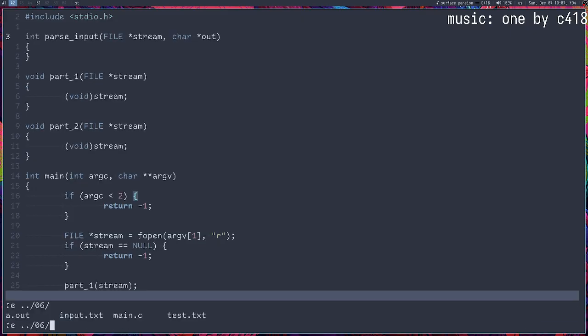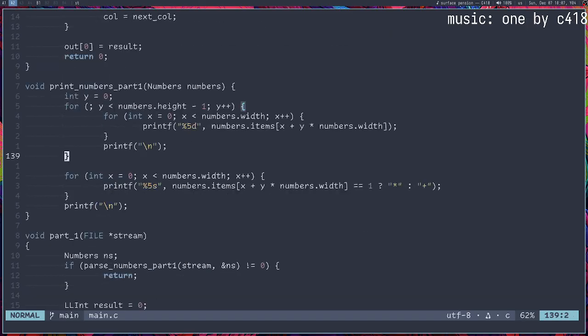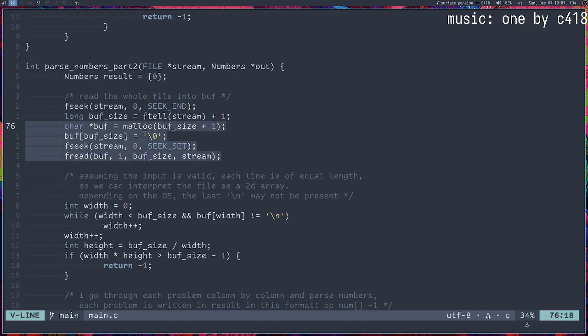I'm going to just read the whole file. I have read an entire file somewhere here.